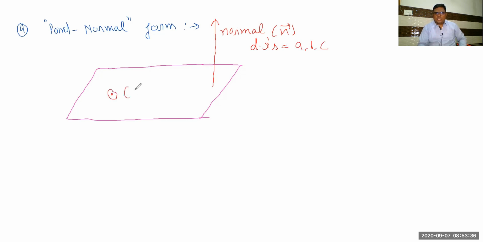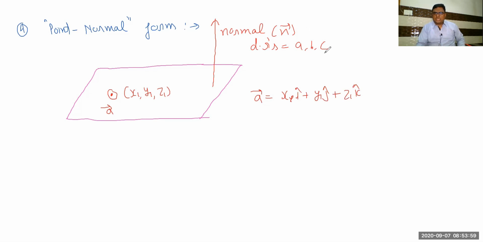Coordinates of this point are x1, y1, z1, and in vector form this point is a vector. It means I can say that a vector is equal to x1 i cap + y1 j cap + z1 k cap.